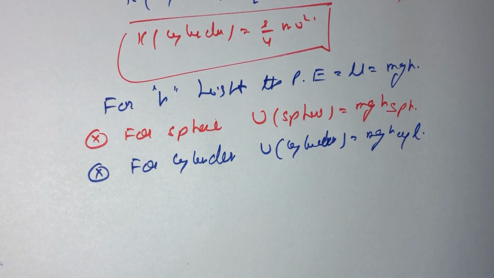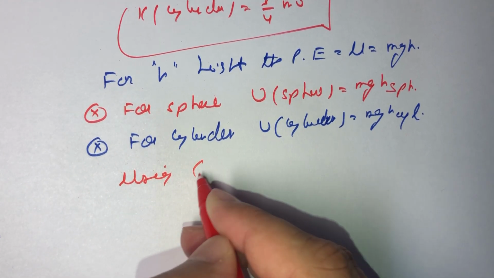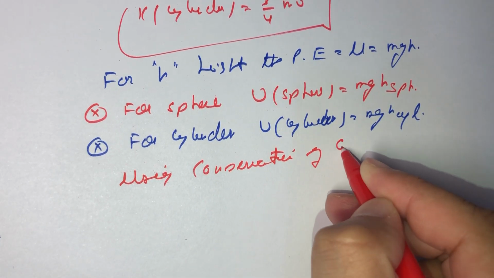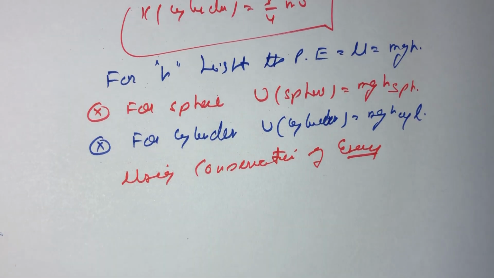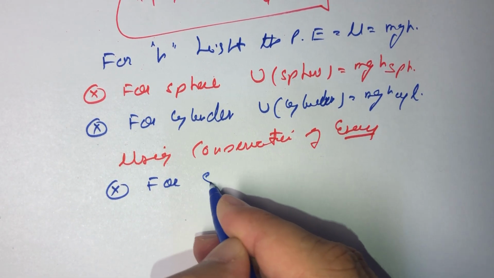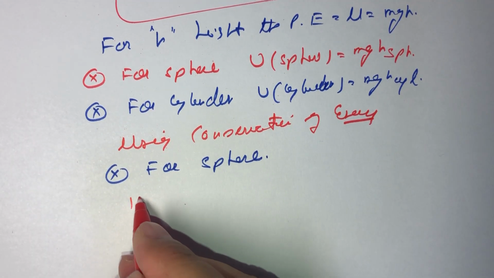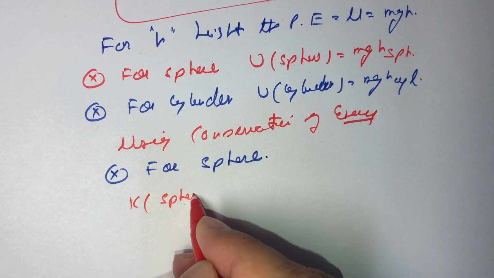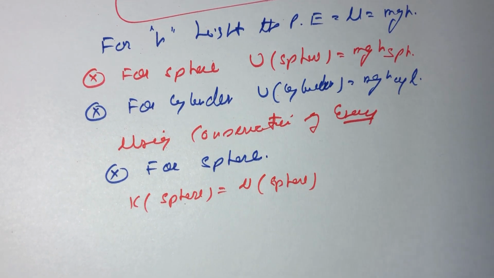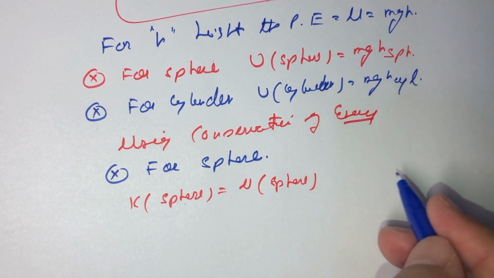Now we are going to use conservation of energy. First of all, for the sphere, we have kinetic energy of the sphere equal to potential energy of the sphere, and kinetic energy of the sphere we already calculated is 7/10 mv squared.